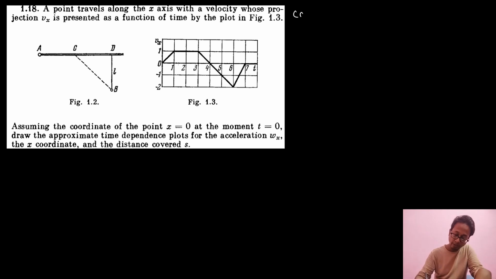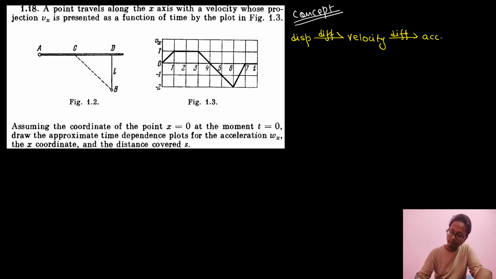So the concept out here is whenever displacement is given, if we differentiate it, we get velocity. If we differentiate velocity with respect to time, we get acceleration.